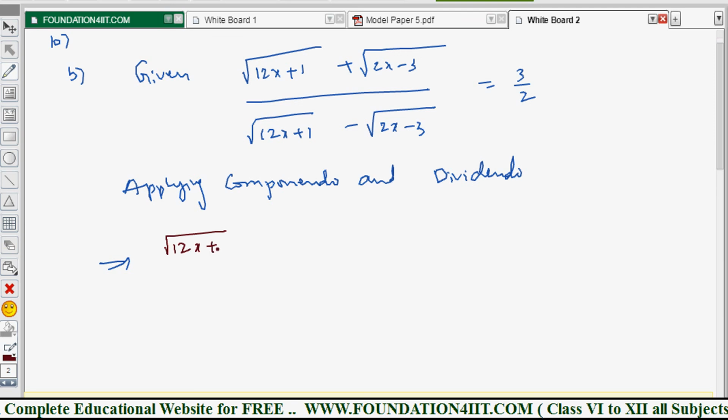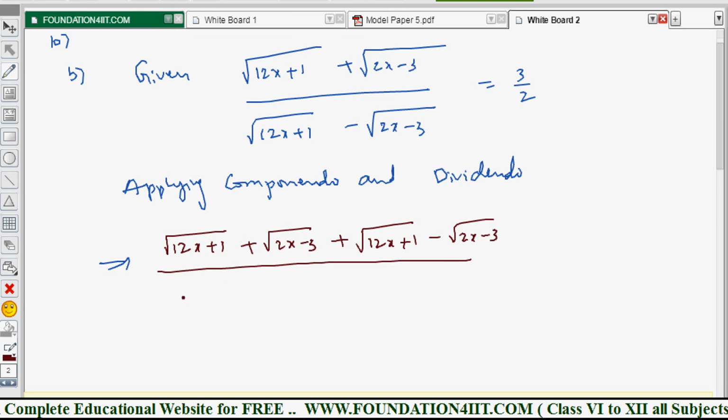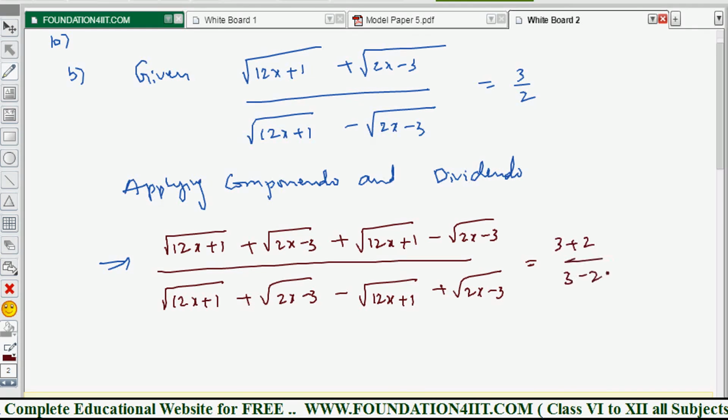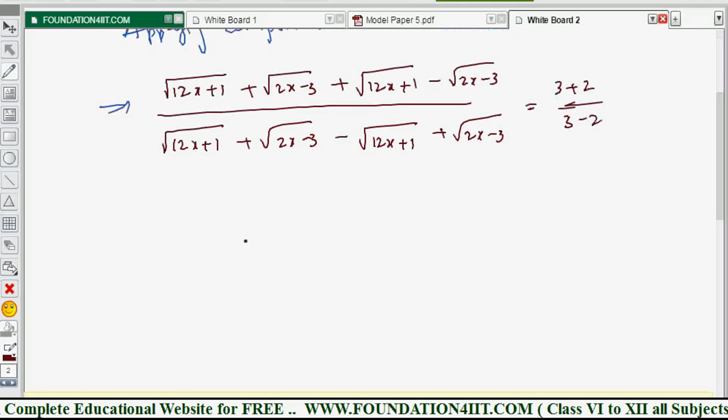Numerator: root 12x plus 1 plus square root of 2x minus 3, add denominator root 12x plus 1 minus root 2x minus 3. Once you add, once you subtract: root 12x plus 1 plus root 2x minus 3 minus root 12x plus 1, and minus minus is plus root 2x minus 3. RHS is the same, you can do this also: 3 plus 2 by 3 minus 2. Numerator and denominator should add and subtract. This is using componendo and dividendo rule. Let us simplify, you will get the answer directly.